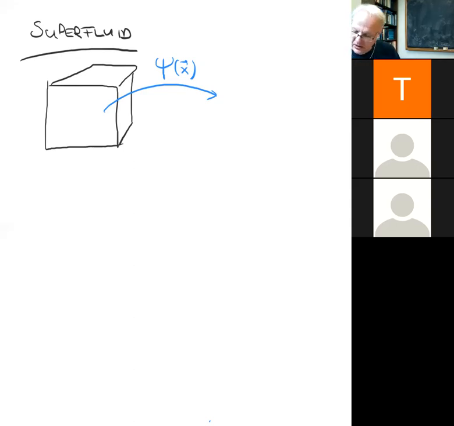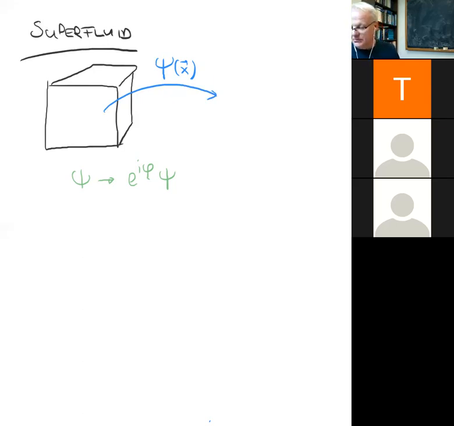And so the symmetry that you have here is a symmetry that takes that psi and just multiplies it by a constant phase. So if the psi on the left is a solution of the Schrödinger equation, then the psi on the right is also a solution, provided that phi is just a constant, doesn't depend on x.